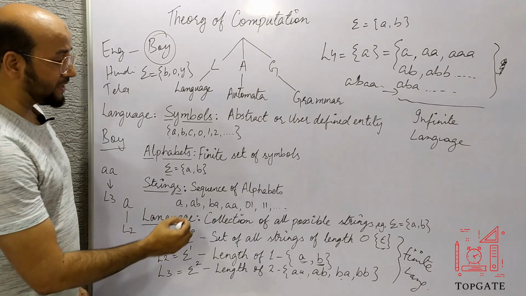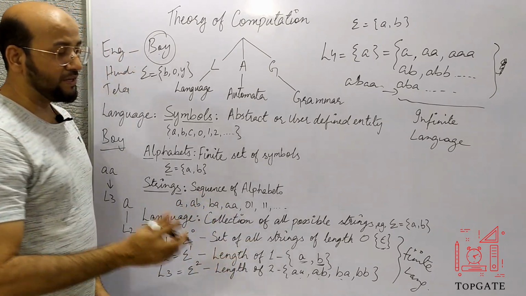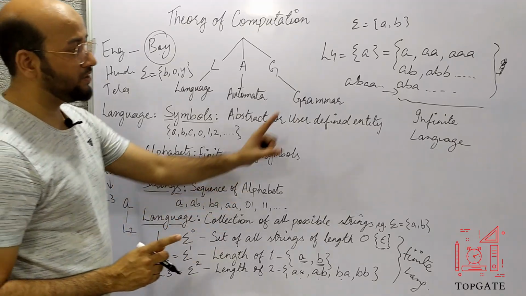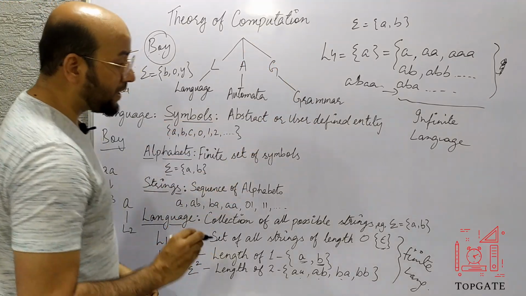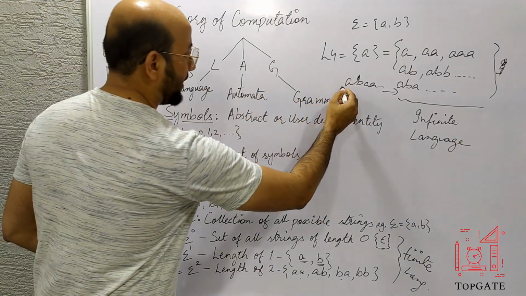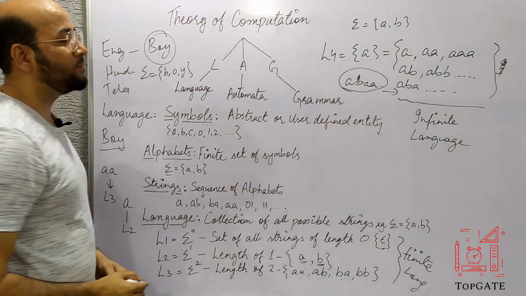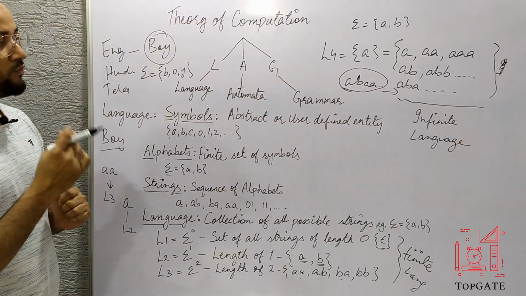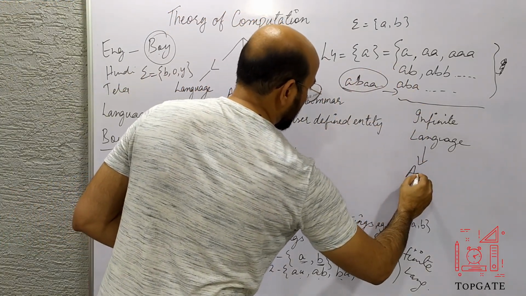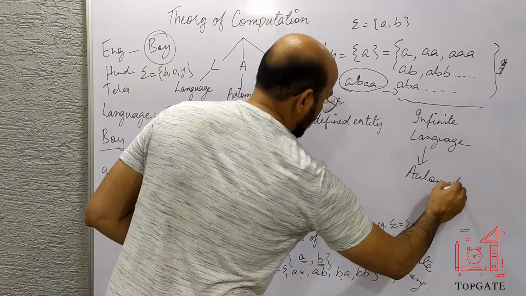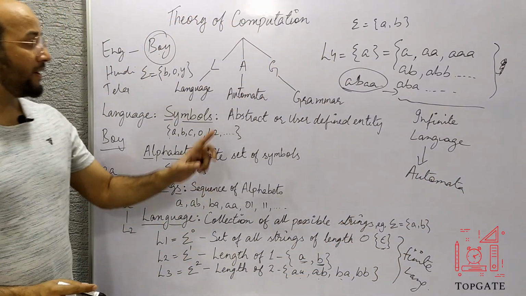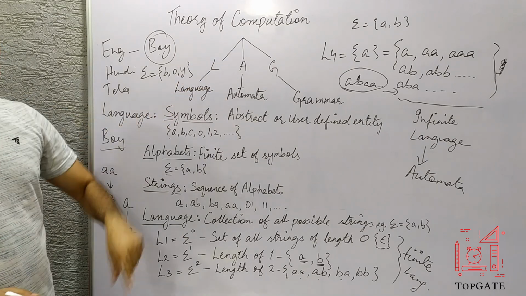So storing the words in memory is only possible for a finite language and not for an infinite language. But we will get many infinite languages, and we have to find out which language a word belongs to. So how will we do this? For an infinite language we use automata. That is the second pillar of theory of computation.